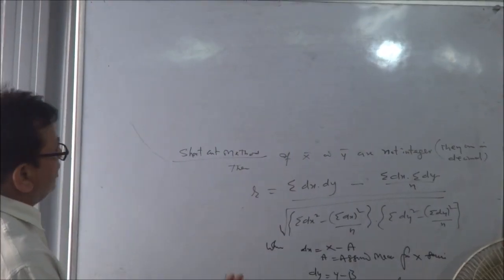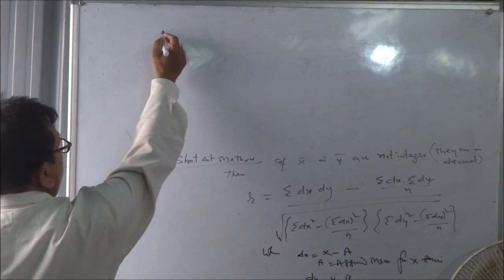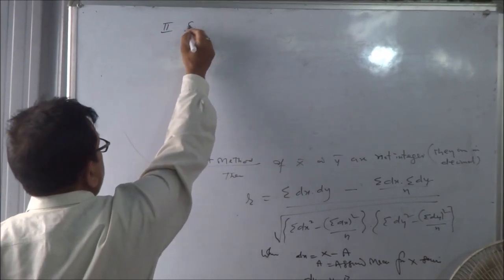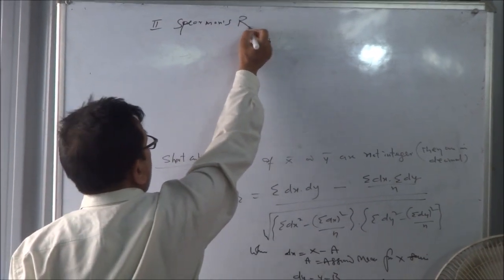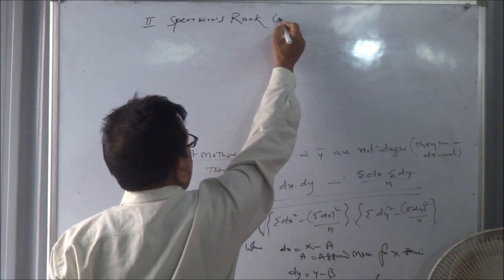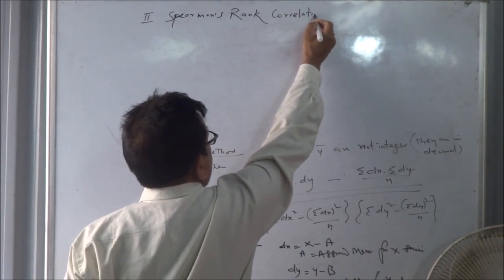Now we come to the second method to find the coefficient of correlation. That second method is Spearman's rank correlation coefficient.